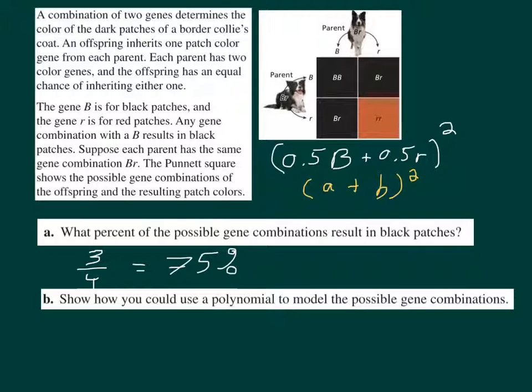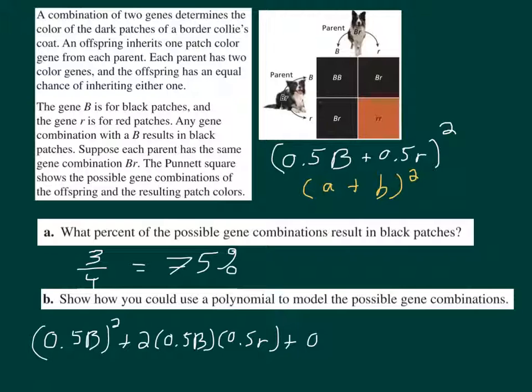By plugging into the formula that I used before, this is going to give me 0.5b squared plus 2 times 0.5b times 0.5r plus 0.5r squared. Now, to simplify this expression, I have to multiply 0.5b times itself.